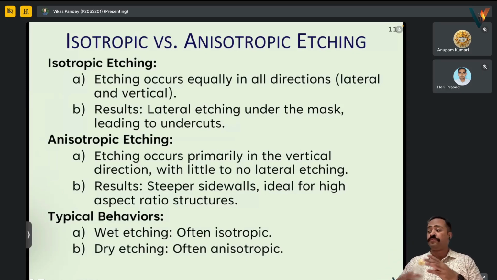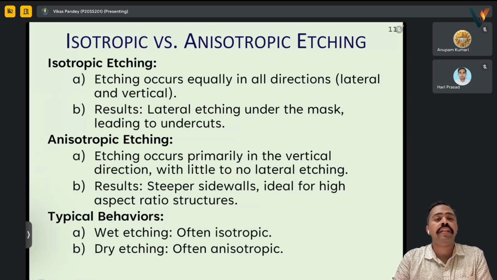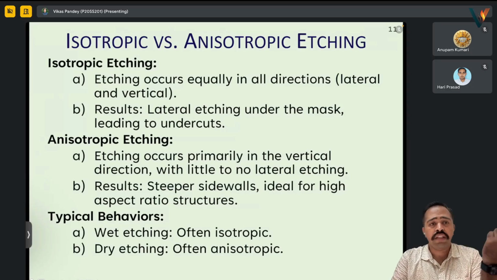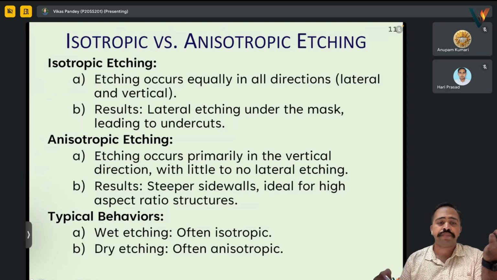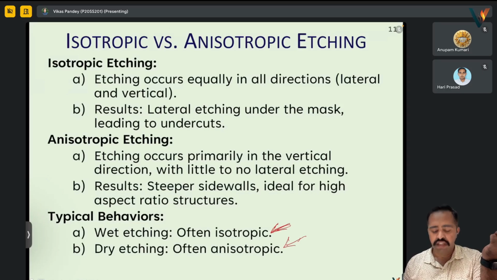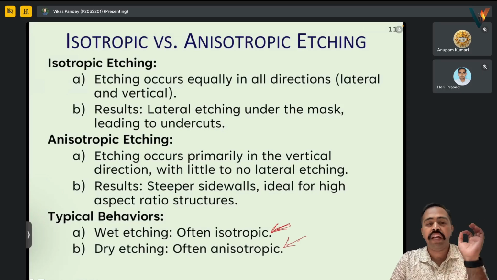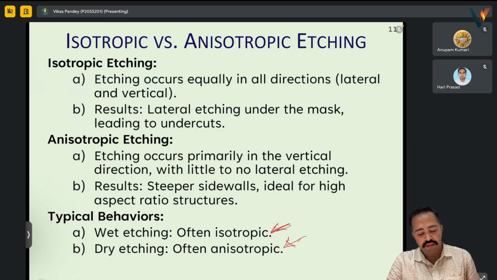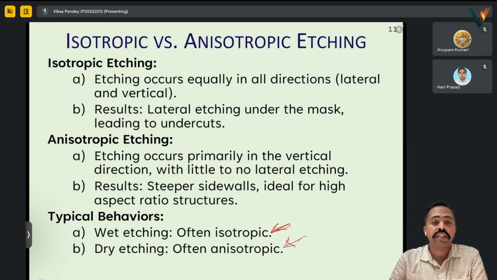Okay, so the next thing, we have already seen that etchant can be isotropic or anisotropic, and if it is wet etching, it will often be isotropic, and if it is dry etching, it will often be anisotropic. So, what is the electrochemical nature of this etching process?